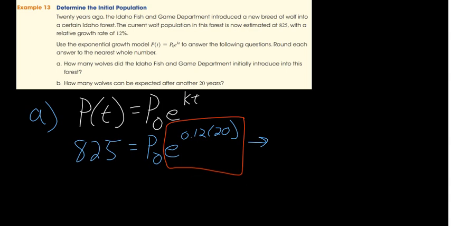So I'm going to go to 825 divided by e raised to the 0.12 times 20. So it looks like about 75.